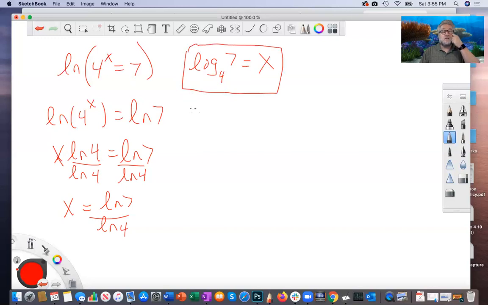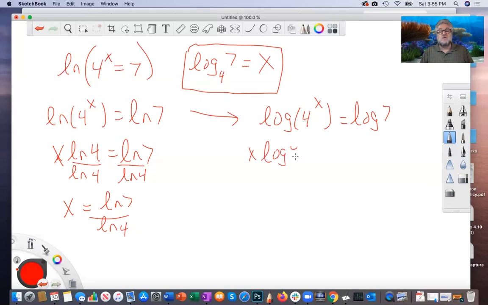But let's say instead of taking the natural log of both sides, I wanted to take the common log. So I wanted to do the log of 4 to the x equals log of 7. And again, the exponent rule, x comes out front, and we would get x times log 4 equals log 7.